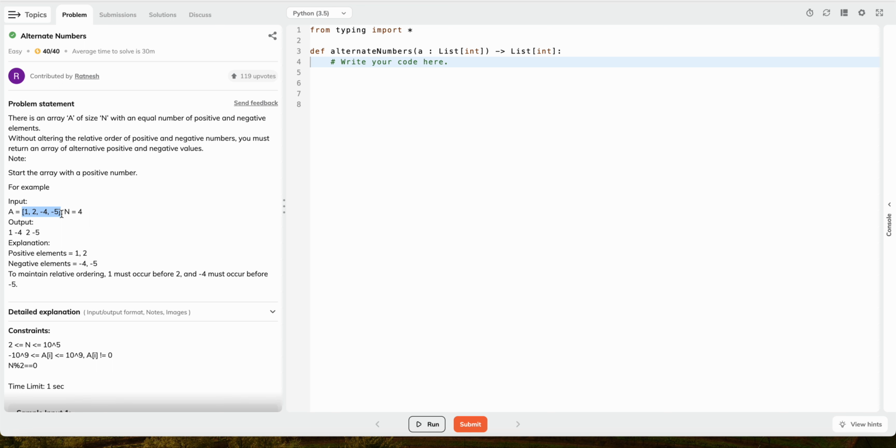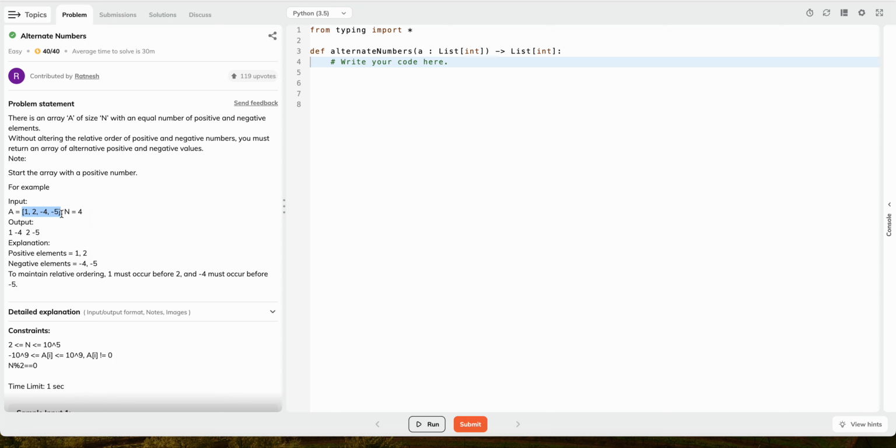So, how to approach this problem? It's a very easy question. You can consider creating a new, empty array, and we can have two pointers, positive and negative, where positive indicates the position of positive elements and negative indicates the position of negative elements.